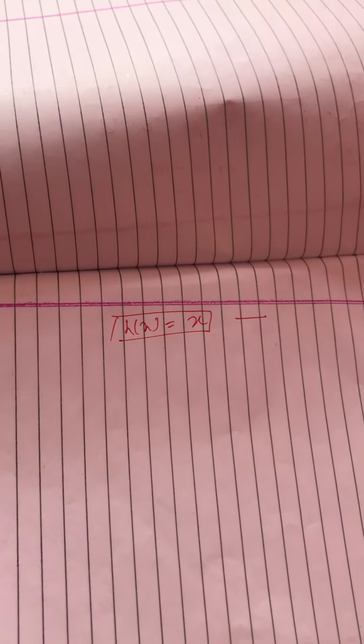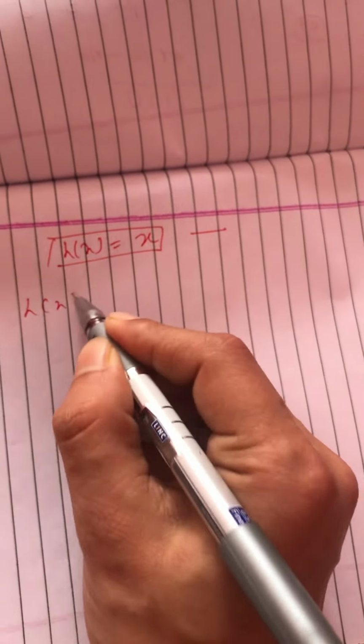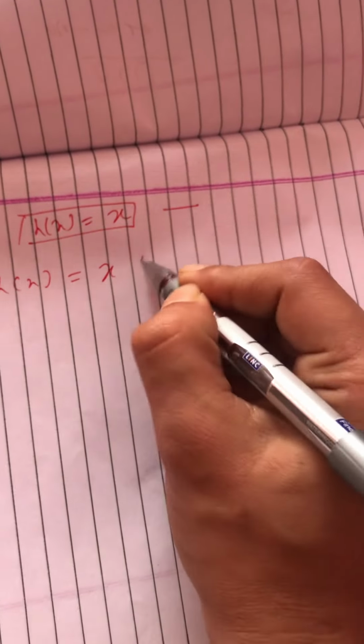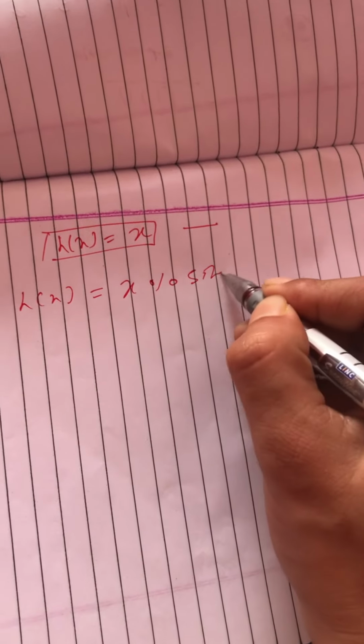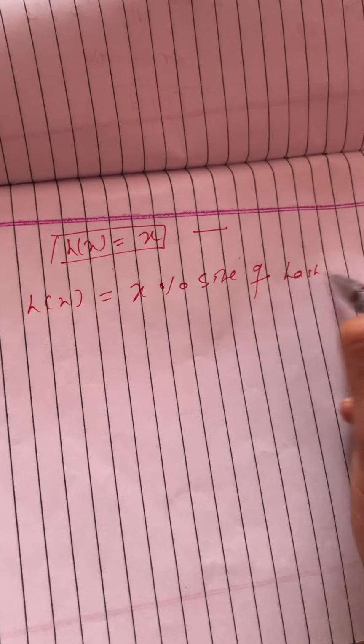Now we can modify this function as h(x) = x mod size of hash table. We can use this function to store the data element in the hash table.